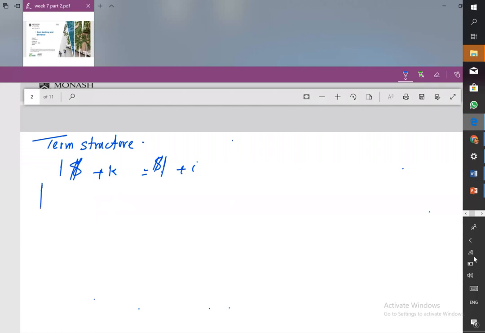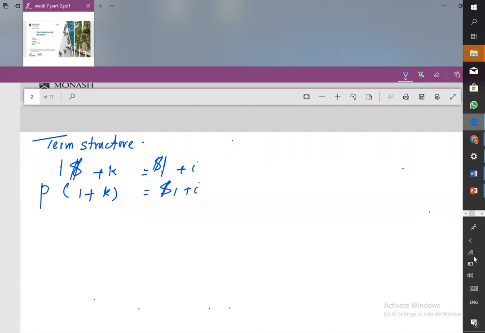To bring credit risk into the picture, there is a probability of payment B, so my $1 plus K times B should equal the $1 plus I. This is the whole point here.